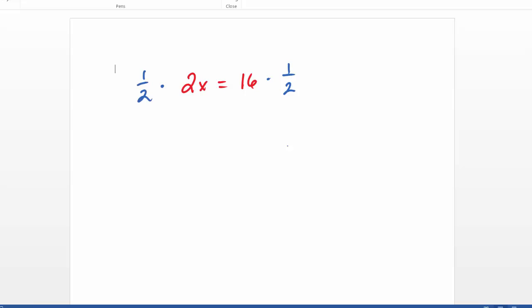Now, what we're keying in on here is this. What did the 1/2 and the 2 do? Well, together they gave us a 1x. And of course, that's going to leave us 8 on that side. But this is the part that we want to talk about. This 1/2 is the reciprocal of 2, and they cancel each other out, leaving 1.